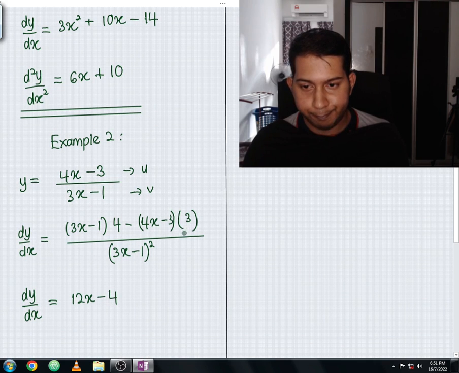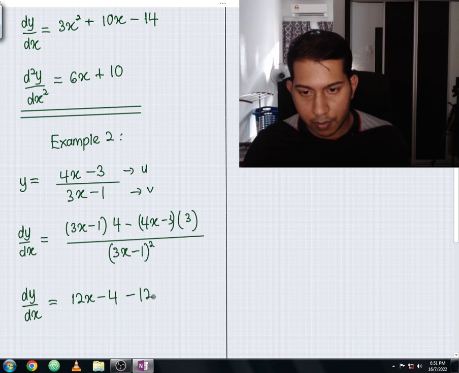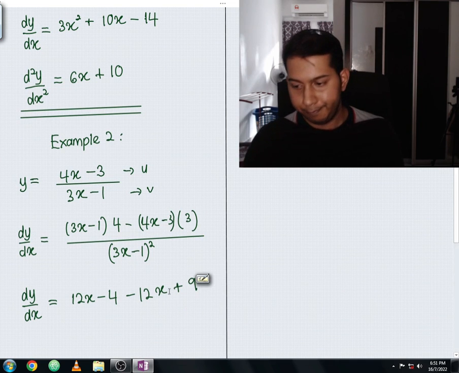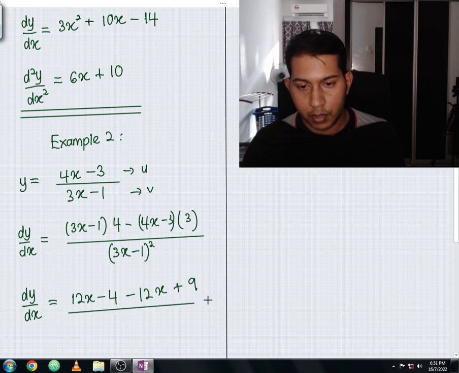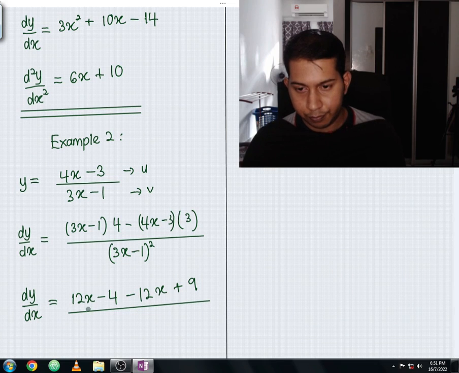And then, so this one, you simplify, so you should get minus 12x plus 9, divided with (3x - 1) squared.